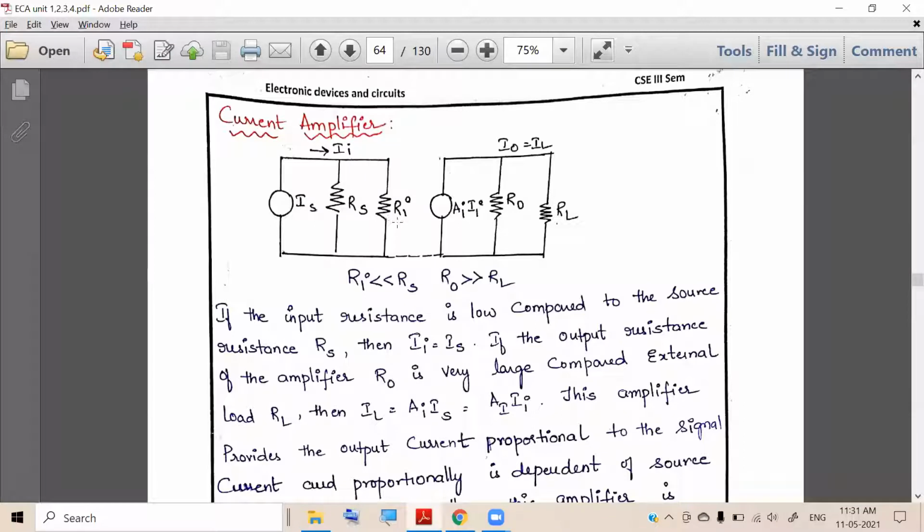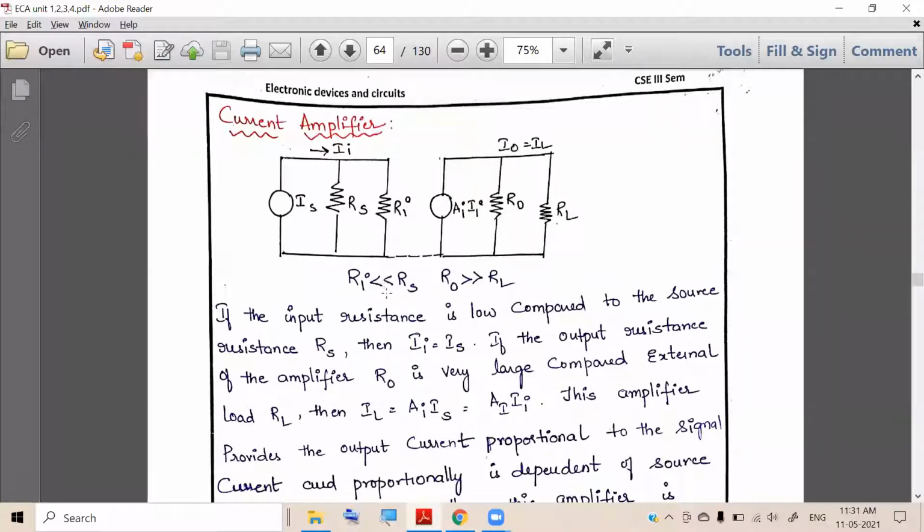So the condition should be Ri much less than Rs. Similarly at the output side, RL should be much less than R0. So these are the conditions for the current amplifier.